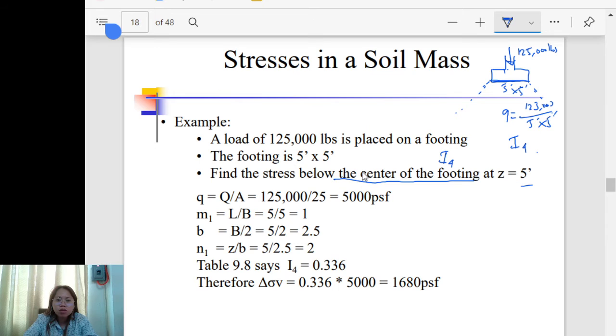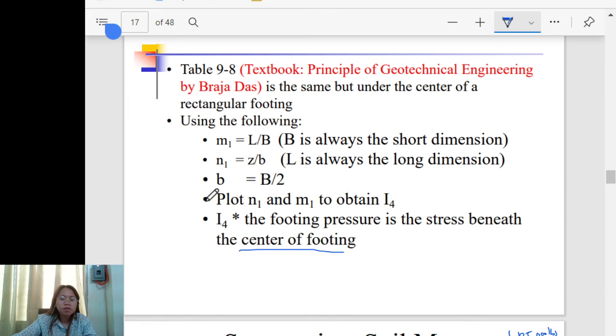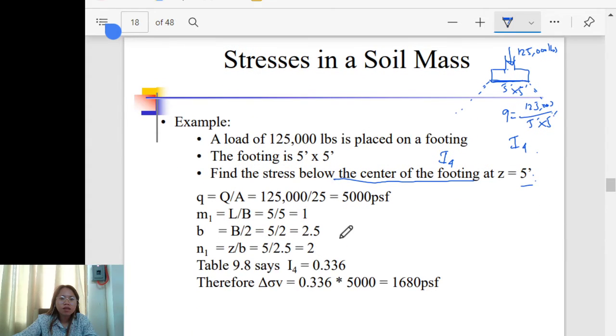We are asked to determine the stress below the center of the footing at Z equal to 5 feet. So that is why we have to use this condition for I4.